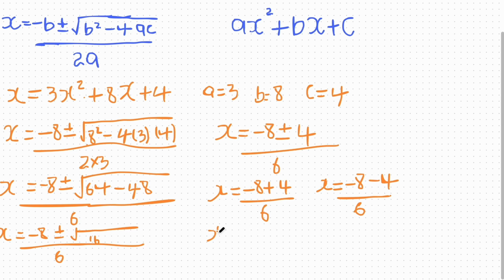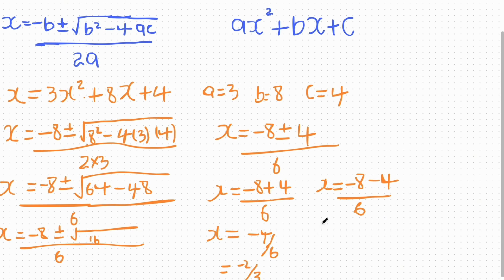x is equal to negative 8 plus 4, that is negative 4 divided by 6, and when we break this down, x would be equal to what? 2 into negative 4, that is negative 2, and 2 into 6, that would be 3, so x is equal to negative 2 over 3 right there.